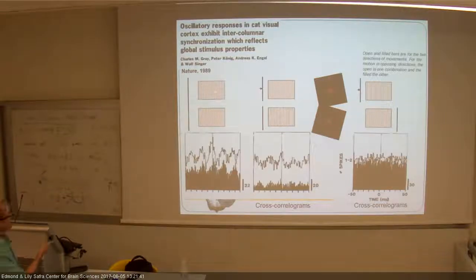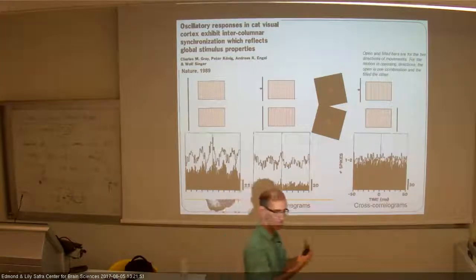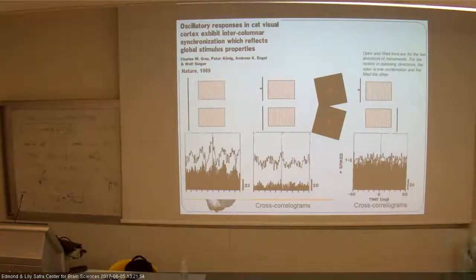Okay, so here you see the receptive field of one neuron, and here the receptive field of the other neuron. And what you see below is the cross-correlogram of the two neurons. So how correlated is their activity in time?